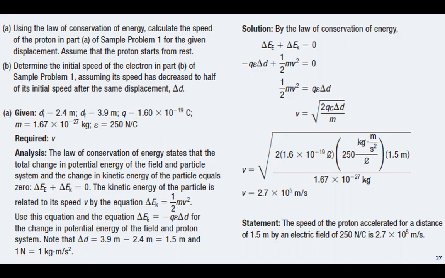Combining these two equations gives us the expression for the speed of the particle, which is 2.7 times 10 to the power of 5 meters per second. So the speed of the proton accelerated for a distance of 1.5 meters by an electric field of 250 newtons per coulomb is 2.7 times 10 to the power of 5 meters per second.